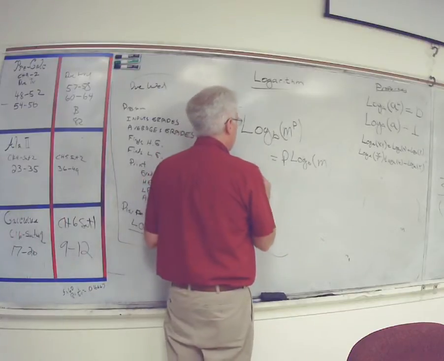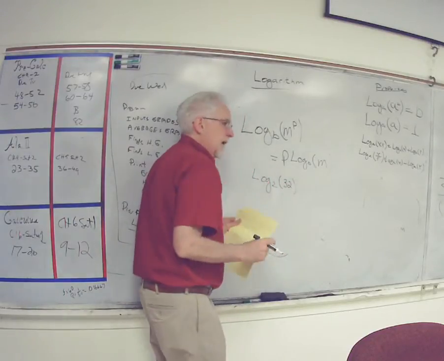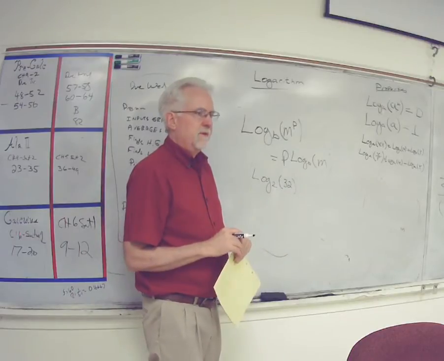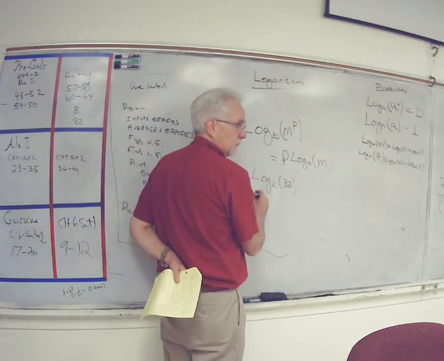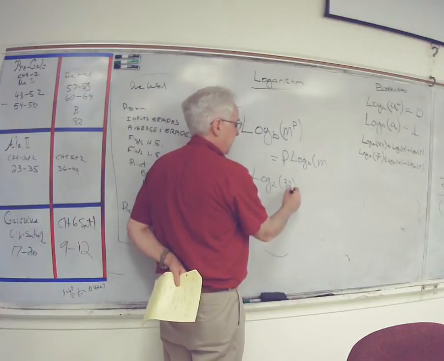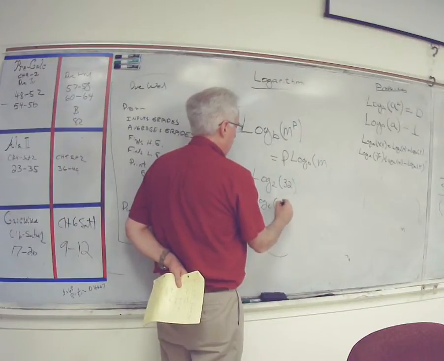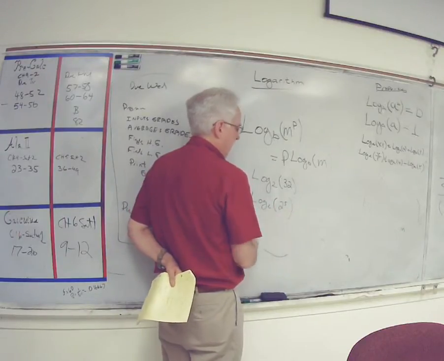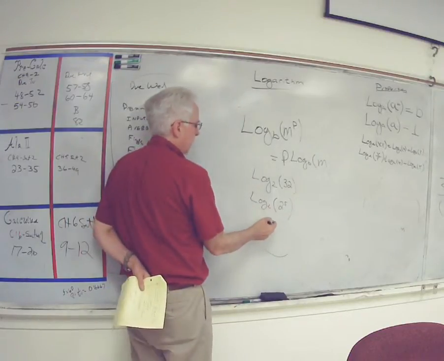So let's say that I have log 2 of 32. How could I rewrite log 2 of 32? You got to deal with this. It's log 2 of what? Of 2 to the 5th, right? Does that make sense? And then what can I do with the 5?